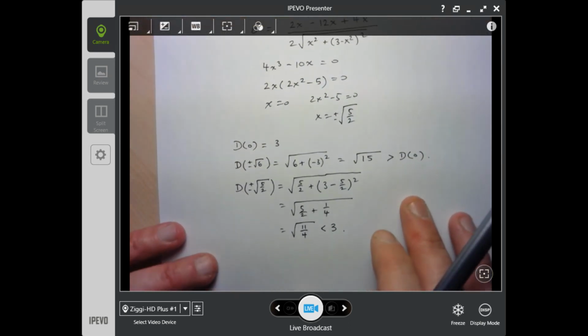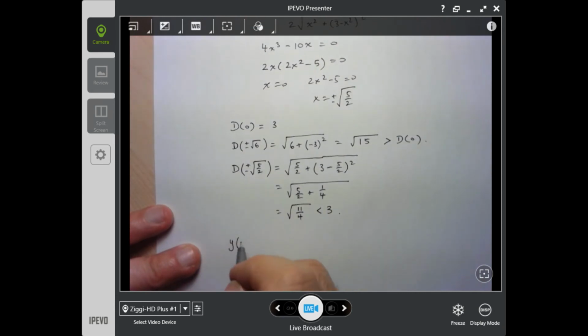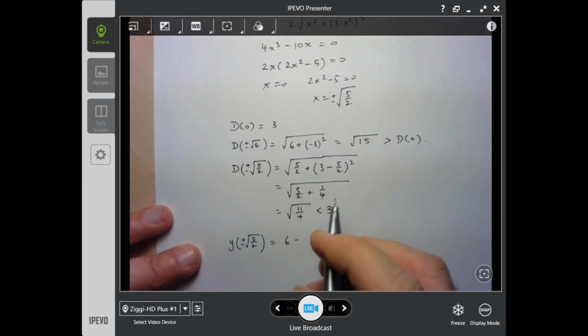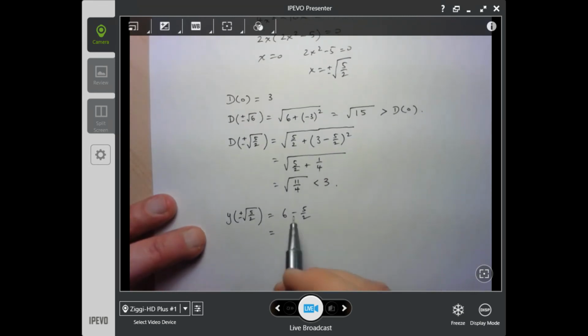Now again, when I find y at either one of these values, the x is being squared, so it doesn't matter whether I'm taking the positive or negative square root. So let's calculate it. 6 minus root 5 over 2 squared is just going to be 5 over 2. So this here is equal to 12 over 2 minus 5 over 2, which would be 7 over 2.